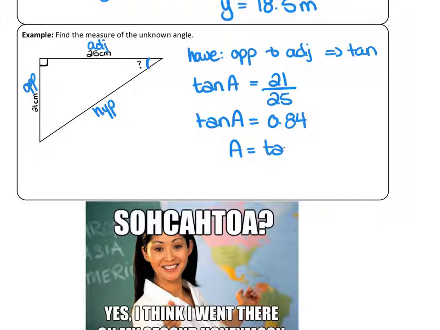So it kind of looks like this, tan to the -1. If you push second function and whatever tan is, it's usually right above that button on your calculator, of 0.84. And when I do that, I get an answer of 40 degrees. So now I know that this angle here is 40 degrees. And that's it.